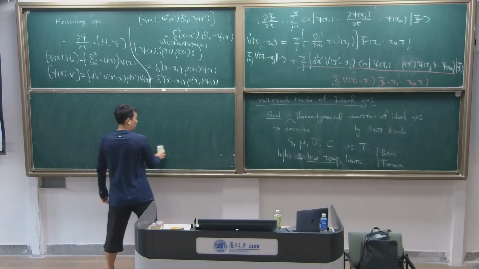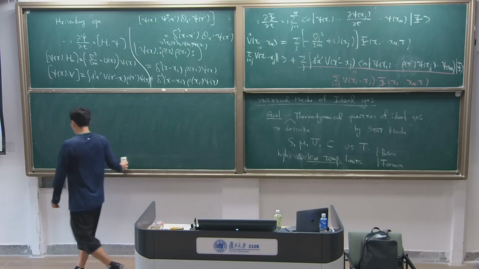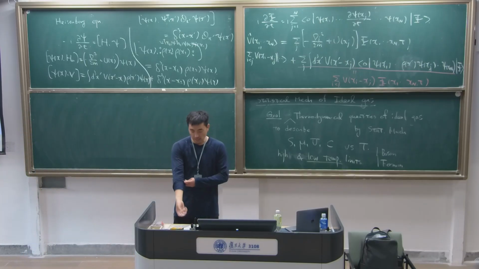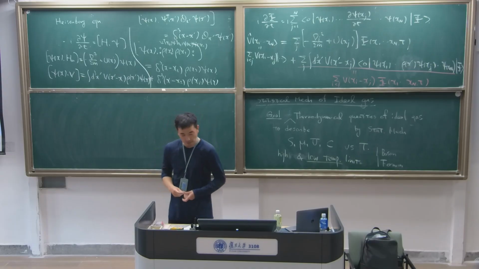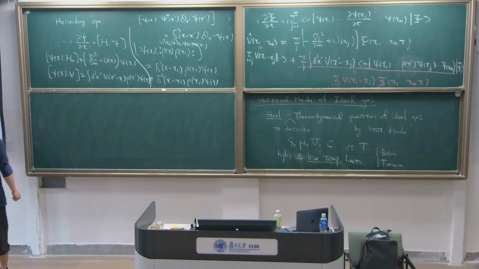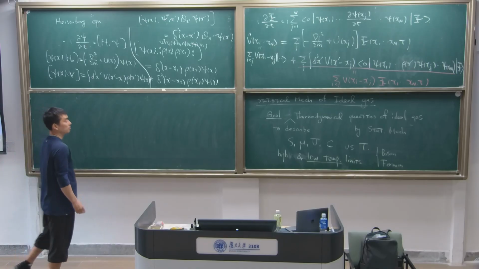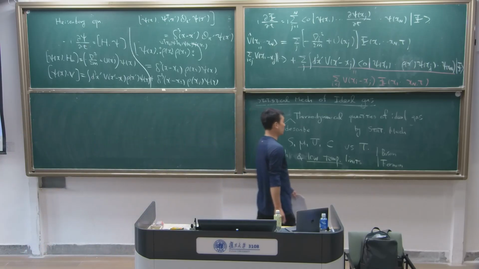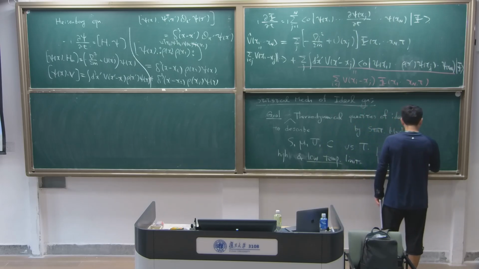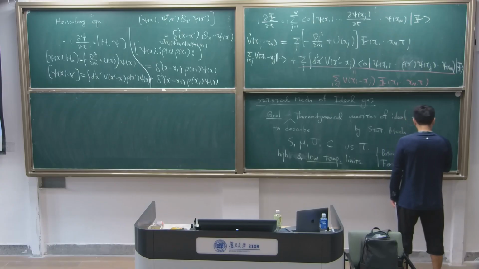This material you already learned in stat mechanics one, I guess. But let's do it step by step. Okay. So first of all, in particular, this is the Einstein condensation.